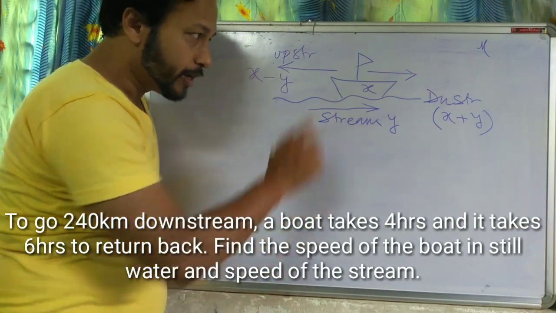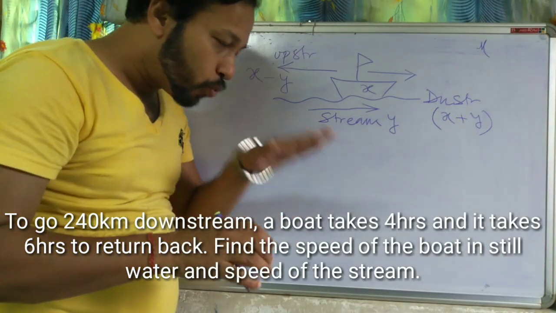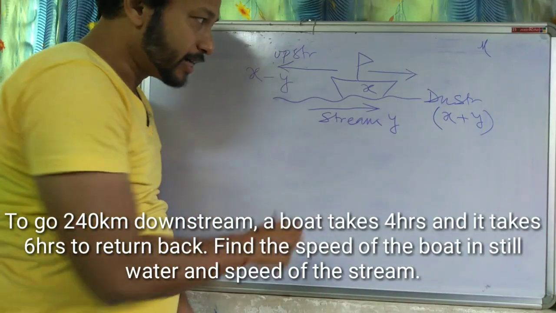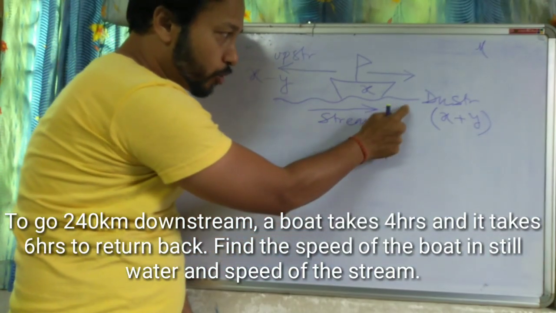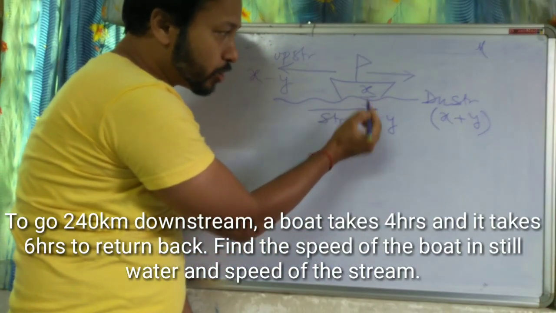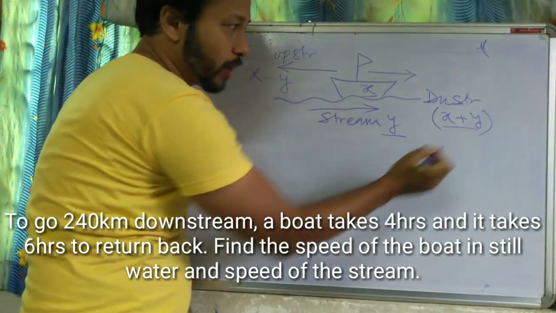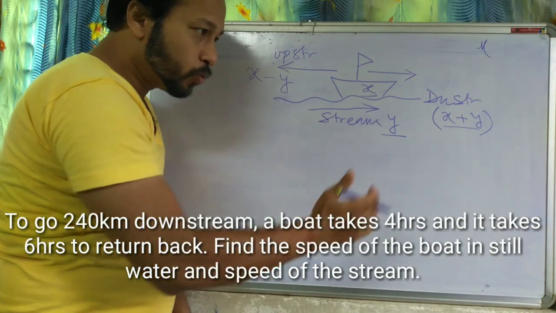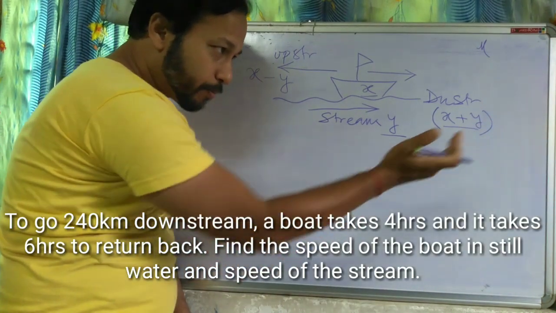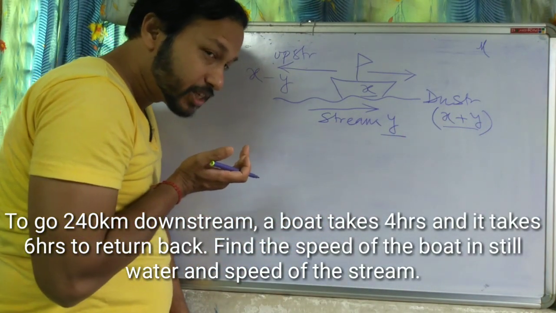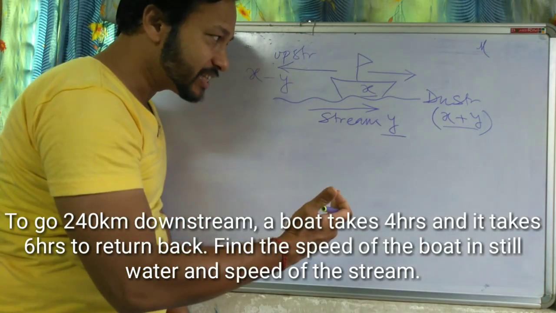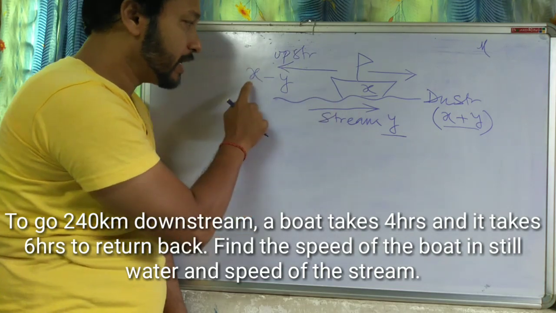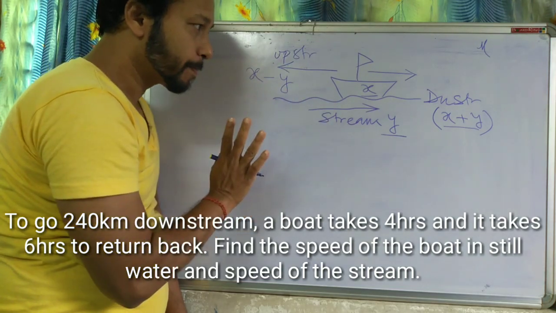So downstream means water and boat are both going in the same direction, and the speed becomes speed of the boat plus speed of water, that is x plus y. In upstream, water is flowing this direction but the boat is coming in the opposite direction, so the ultimate speed of your boat becomes x minus y.